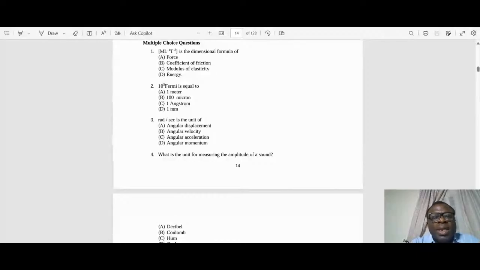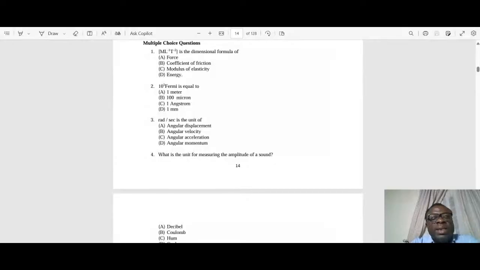Let's go for the answer. The answer is not B. The answer is C. Let me now explain why it is C. For those that are just joining, let me read: capital M, L raised to power minus 1, capital T raised to power 2 is the dimensional formula of A, force, B, coefficient of friction, C, modulus of elasticity, D, energy.